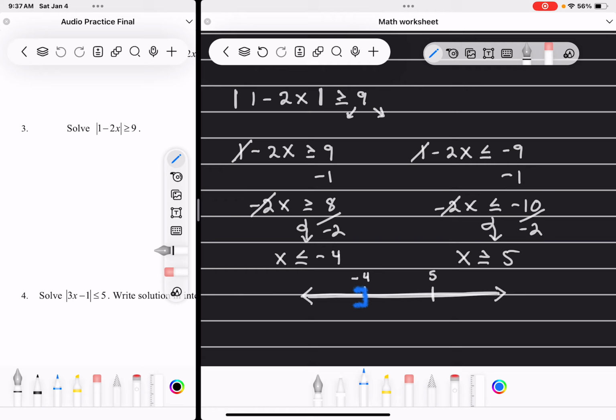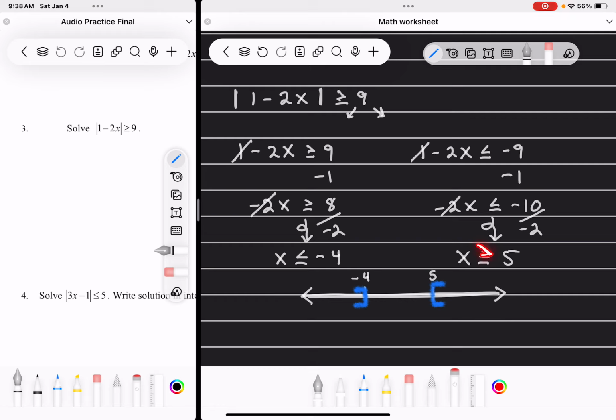Notice that a bracket has a straight line, and the less than or equal to symbol also has a straight line as well. All we do is point in the direction of the arrow. So if we notice, this right here has a straight line, so we get straight line, straight line.